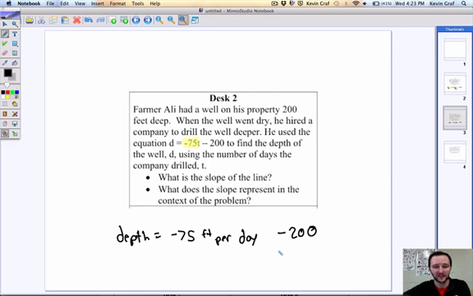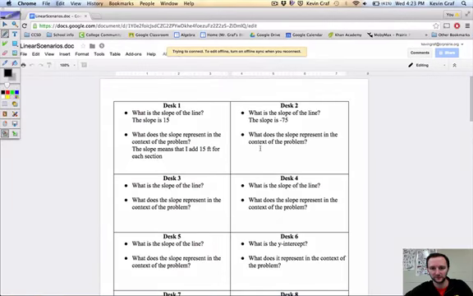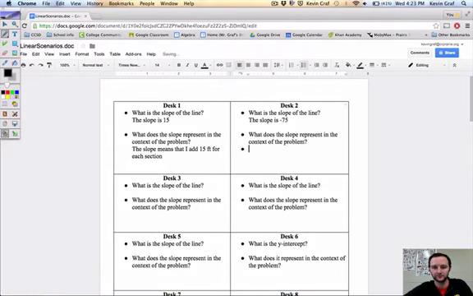Okay, so the slope in this context means that it's going down 75 feet per day. The well gets 75 feet deeper every day.